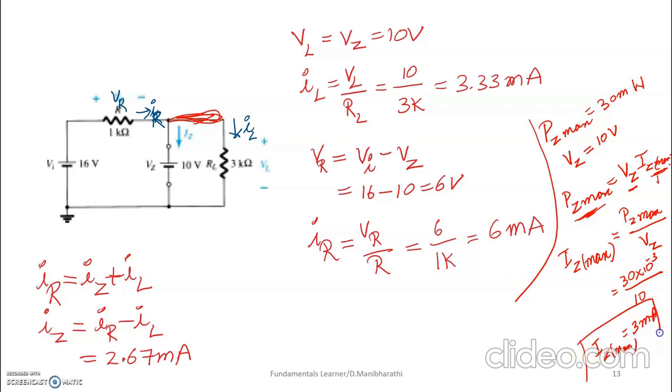But you observe in our problem, how much current is flowing? Only 2.67 milliampere. So my Zener diode is safely operating. If this current is greater than 3 milliampere, definitely the Zener diode will get permanently damaged.